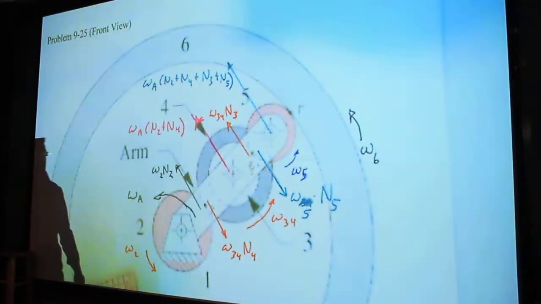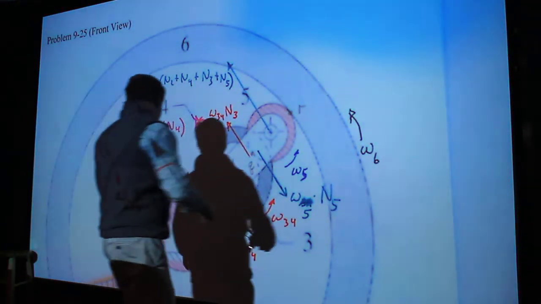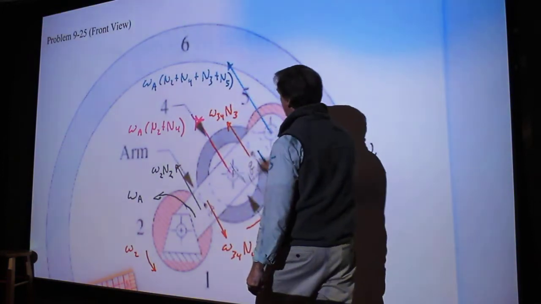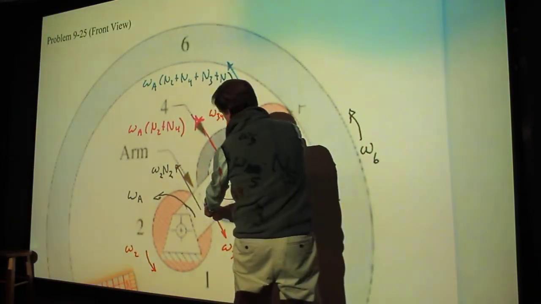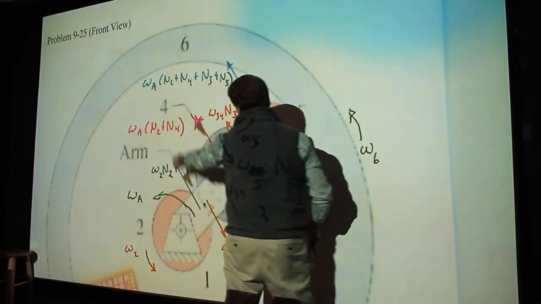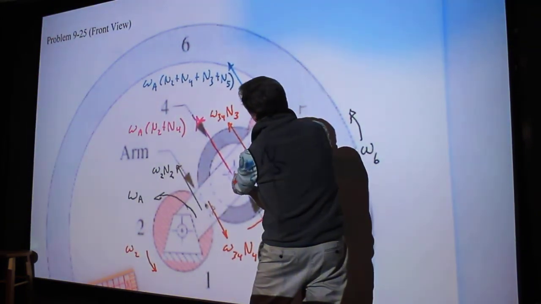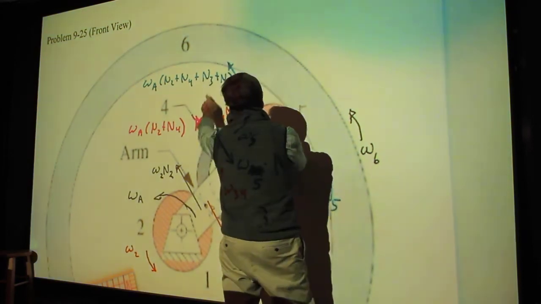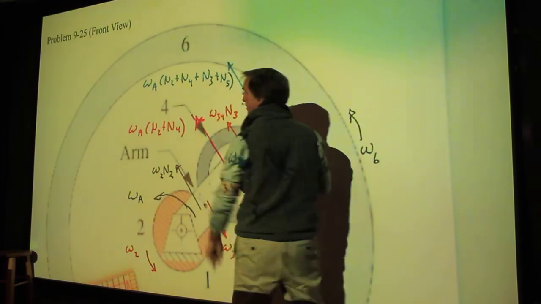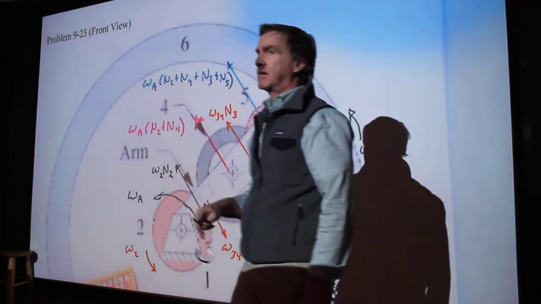In other words, this distance here is R2, make the substitution N2. This distance here is R4, make the substitution N4. This distance here is R3, substitute N3. This distance here is R5, substitute N5. Okay?